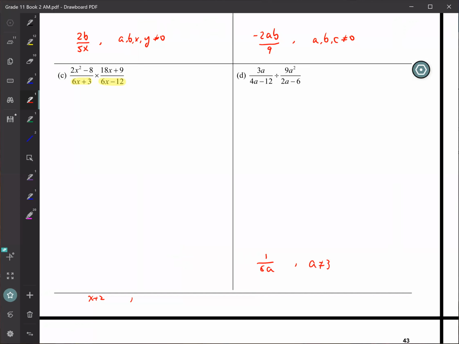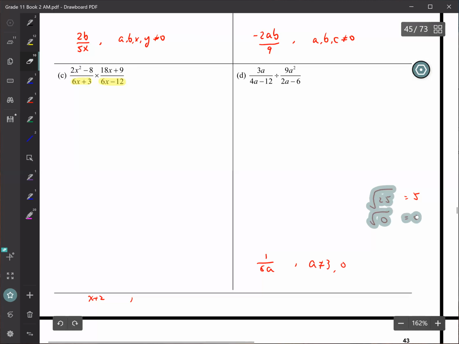Let me ask you this on the side. What is square root of 25? Nathan, what is square root of 25? 5. 5, right? Because 5 times 5 will be 25. Make sense? Yeah. Okay. Square root of 0, that means what times itself will give you 0? 0. Yeah, so that's why it just equals 0. Okay, so you need to understand the meaning of square root. Then you won't need a calculator for that.